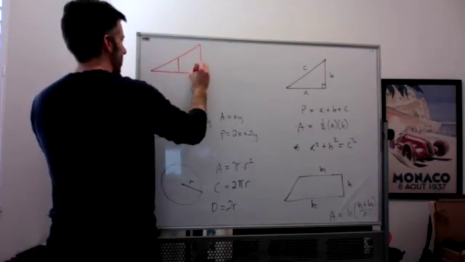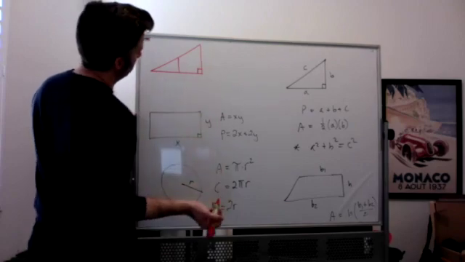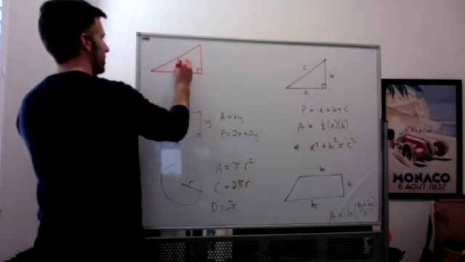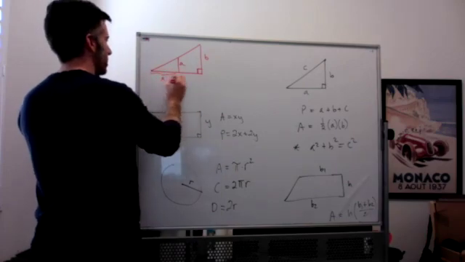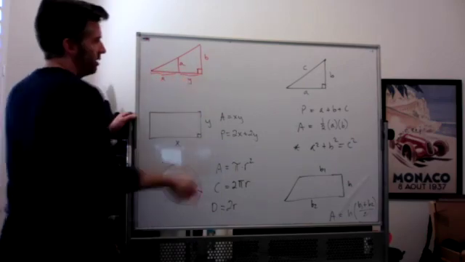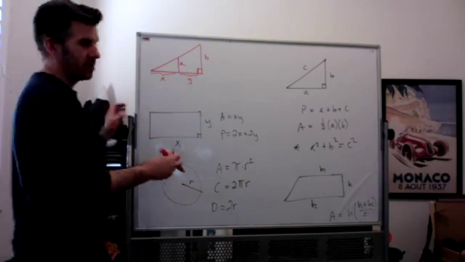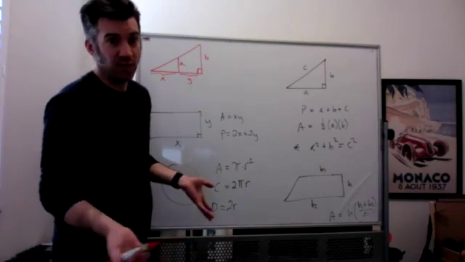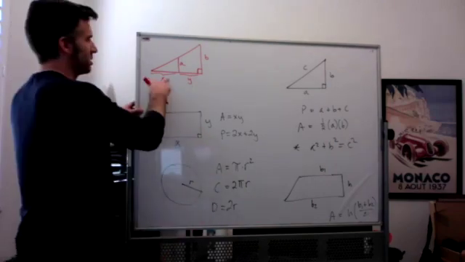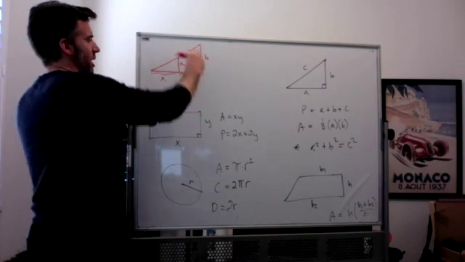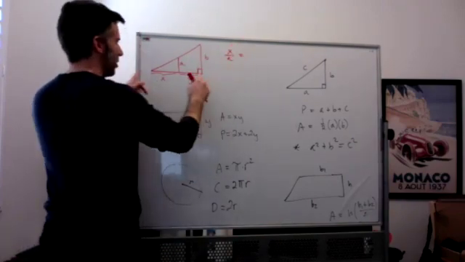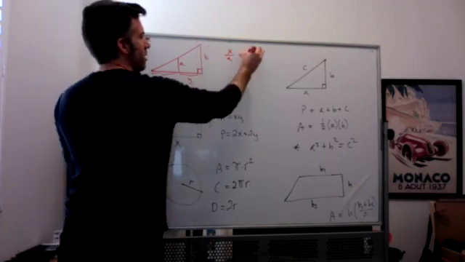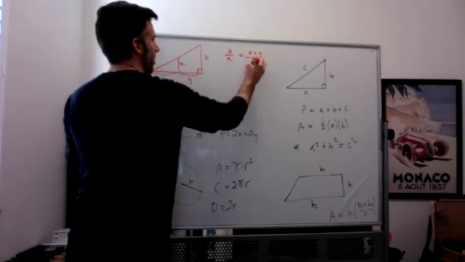You've got something like this, where this is A and this is B and this is X, this is Y. There's lots of ways of doing it. Usually just pick whatever sides make the most sense. So small side to small side, X over A is equal to large side to large side, X plus Y over B.